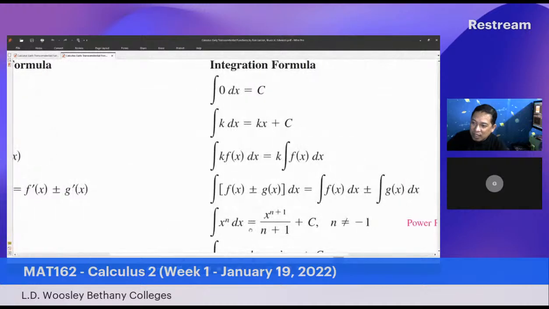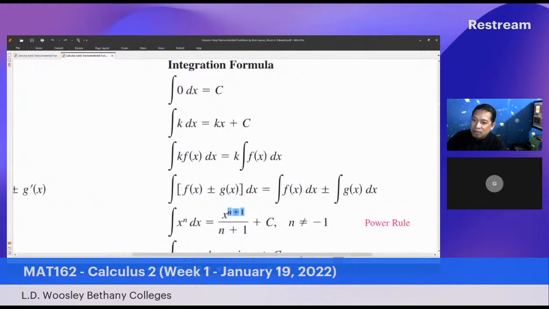For integration, you're adding to the exponent. However, the same numerical exponent will be the one that will be divided. So you have x raised to n plus 1 divided by n plus 1. For instance, the integral of x raised to 5 is equal to x raised to 6 over 6 plus C. So that's what we call the power rule, no? Power rule.